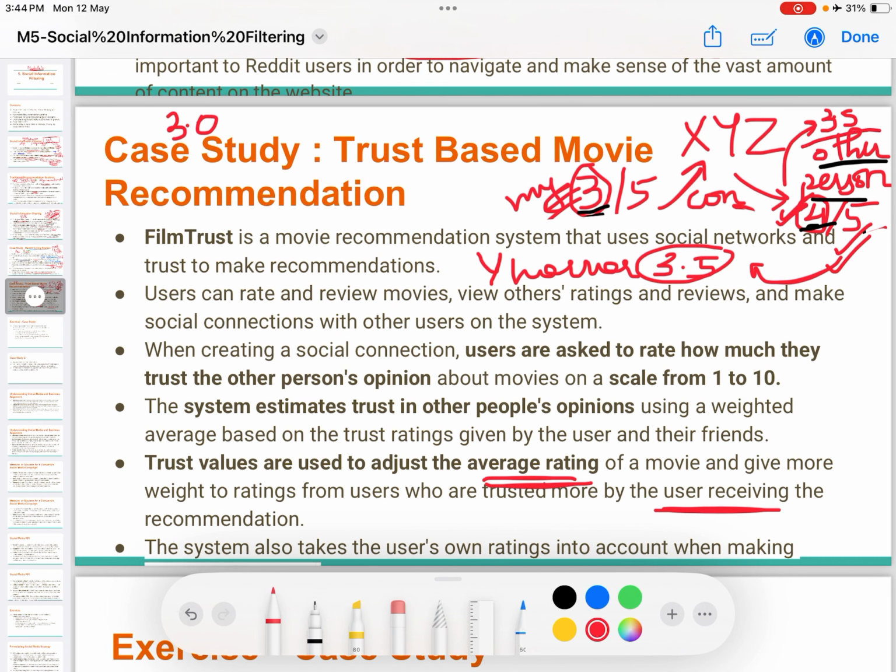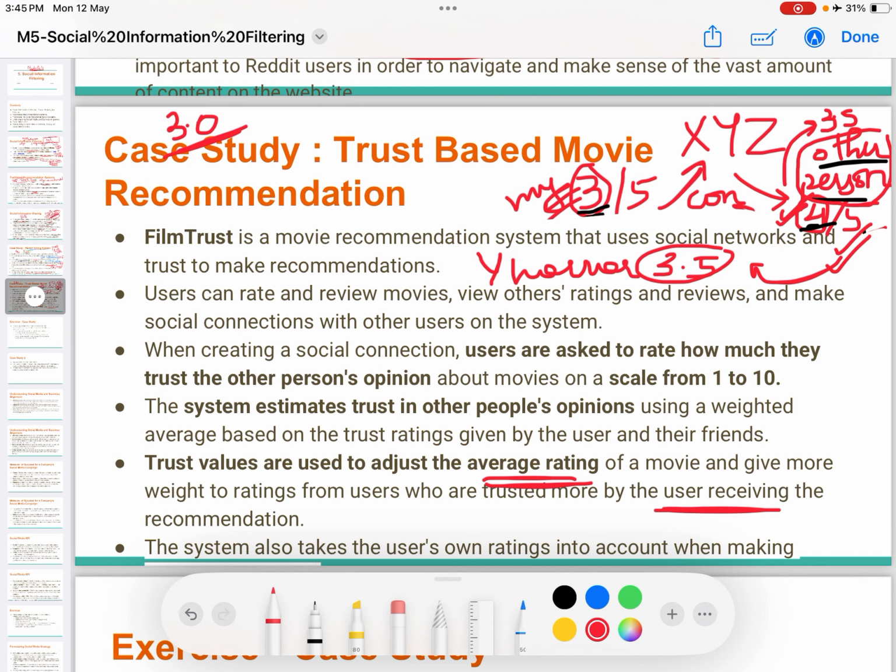So more weight will be given to the ratings of this other person who has been trusted by me, as far as recommendations for my movies are concerned. I have shown trust in him. I say, if he is giving 3 stars and above to a movie, that movie will be liked by me as well, and that's why the system will recommend me that movie over the actual rating of that movie. The actual rating was 3, but still the system recommended me the movie.